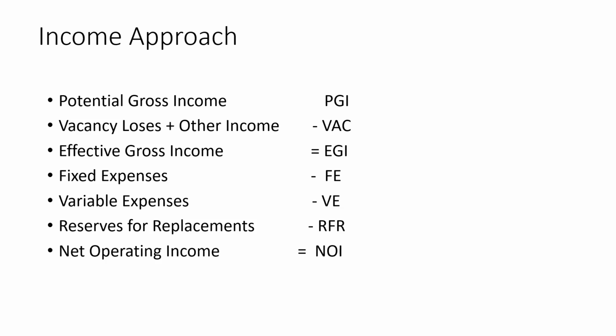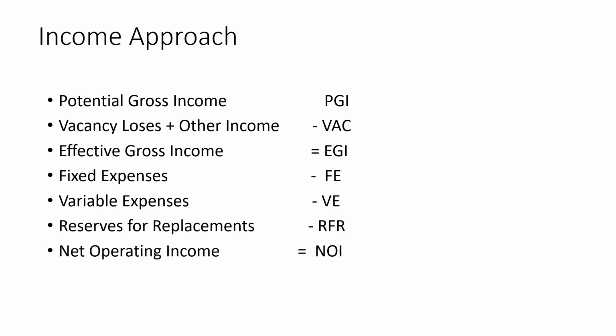But the building doesn't look after itself, so therefore we have to take into account the fixed expenses, things like insurance and property taxes, our variable expenses such as maintenance fees, maybe manager fees and repairs and so forth, but also reserves for replacements.